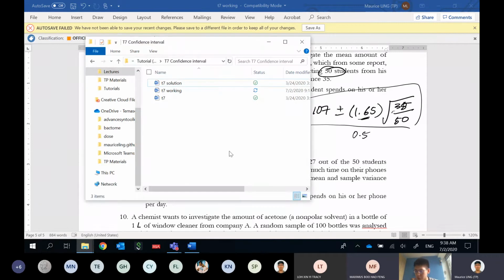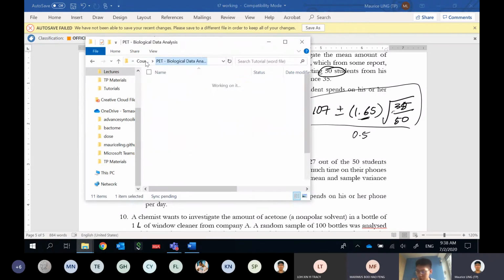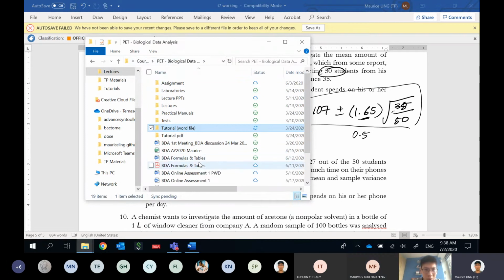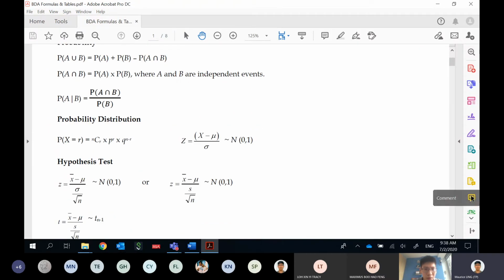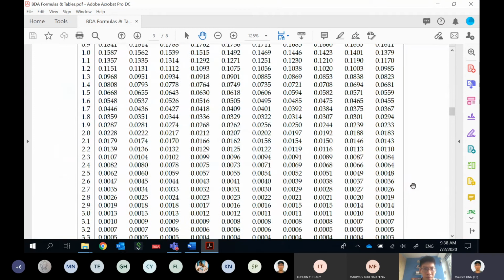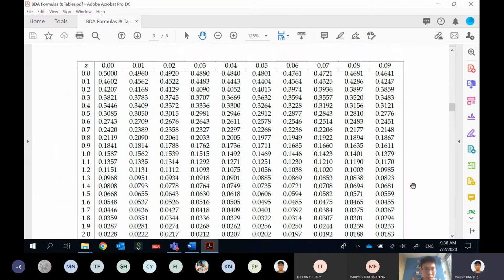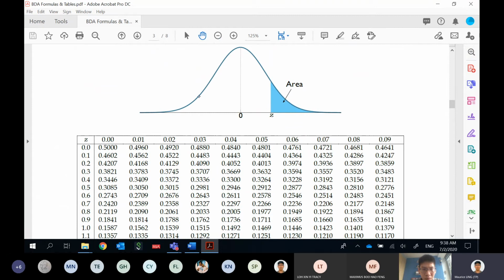Let's see. I got to hunt down the Z table now. Okay, formula. Okay, so this is the Z table. Now, what you want is the area.